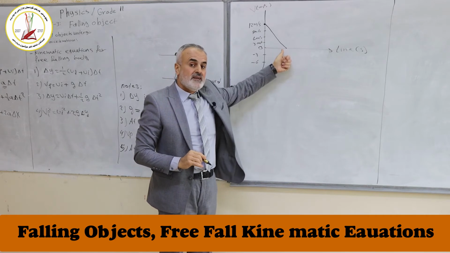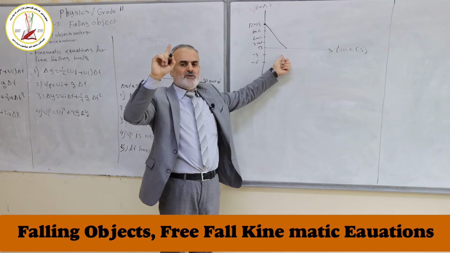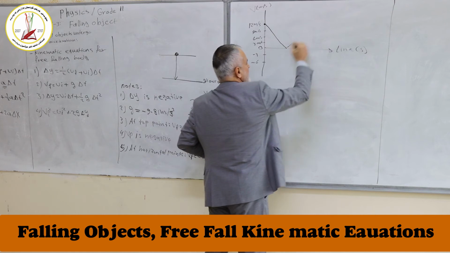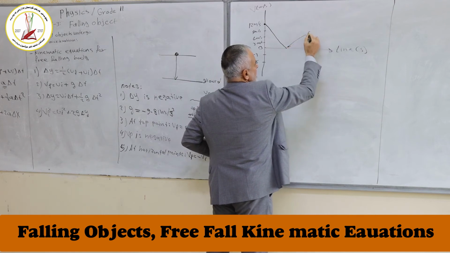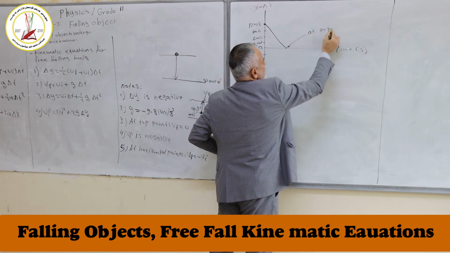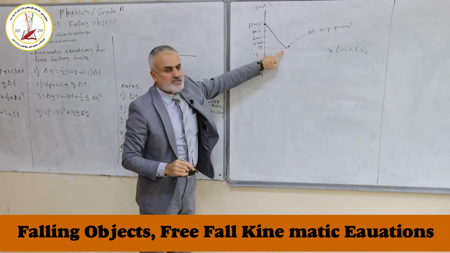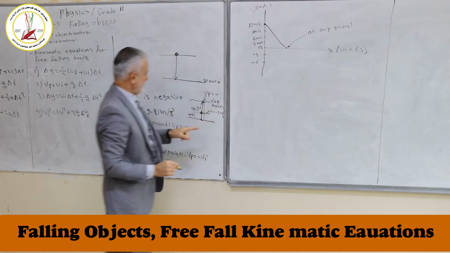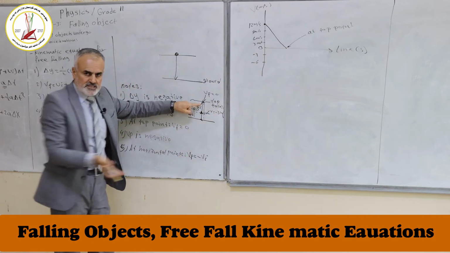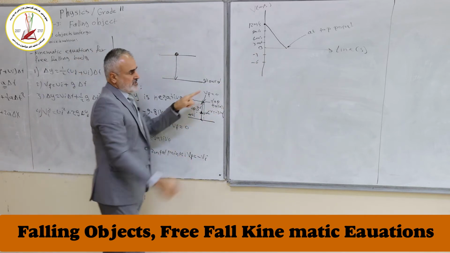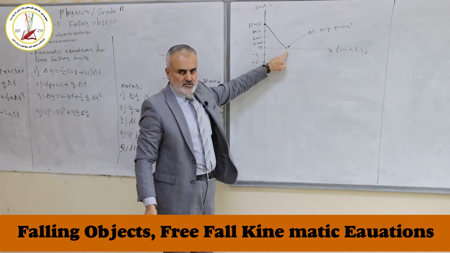This point is the maximum point or top point. At the top point, student, velocity becomes 0, as we said. When the object reaches the top point, its velocity equals 0.